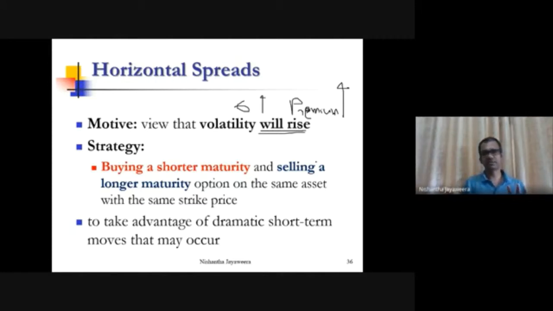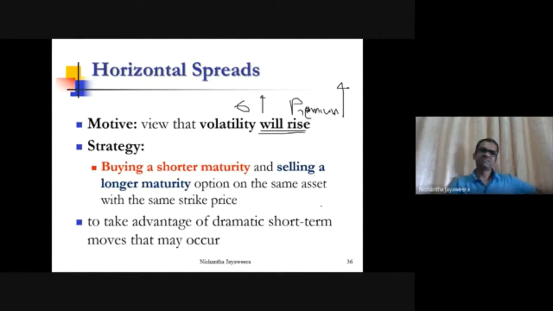Now we are discussing two different maturities or expiries, of which, whether the shorter maturity or the longer maturity price would go up drastically relative to the other one. Still the short term one will move fast.